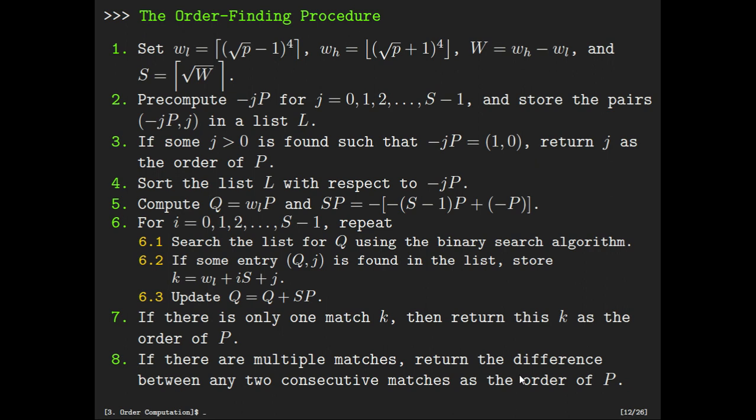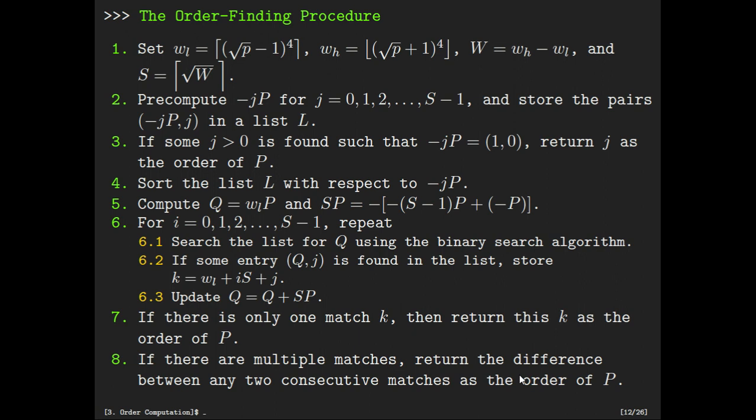This algorithm is for computing the element order. We keep on generating random elements P and computing their orders to compute the group order.